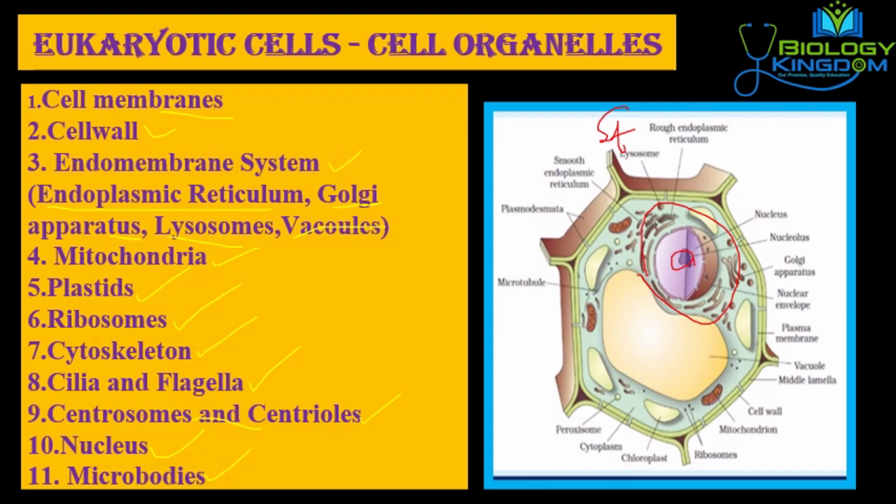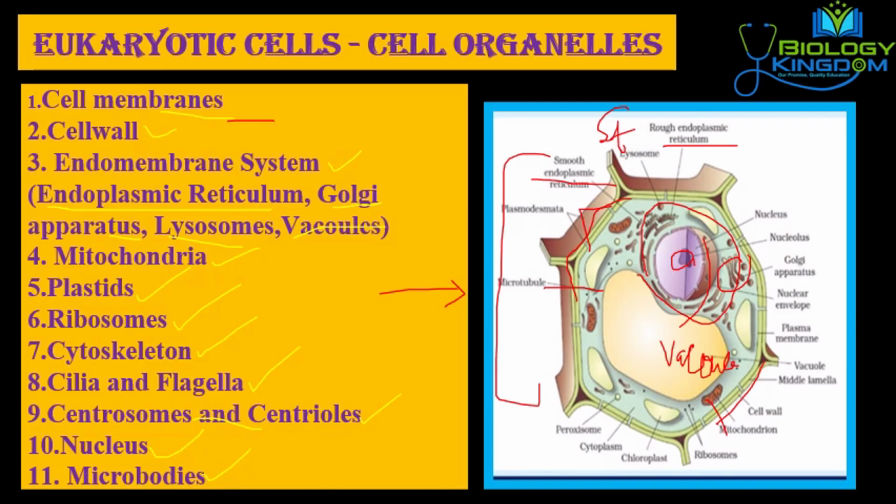This is the Golgi apparatus, this is the nuclear envelope, this is the vacuole in between, and this is the cell wall. This is the mitochondria, this is the microtubule. These green structures are the plasmodesmatal bridges. We also have rough and smooth endoplasmic reticulum. This is a detailed structure of all these cell organelles.